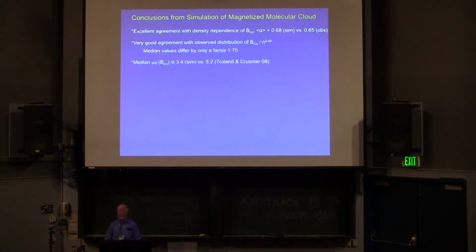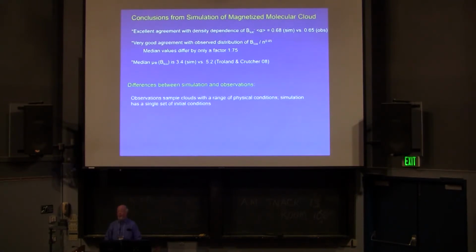I want to emphasize that when I use the line of sight field, that's now a completely observed quantity. That's not modeled, so we can do a good job in comparing. The median values differ by only a factor of 1.75. If you compare the median value of the mass to flux ratio that we get in the simulation, it's comparable to the median value that Troland and Crutcher got.